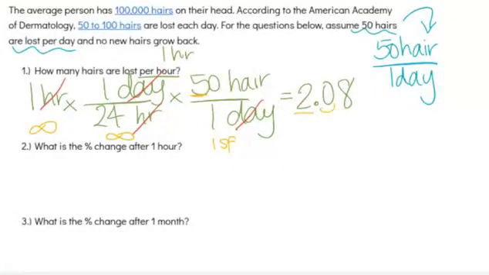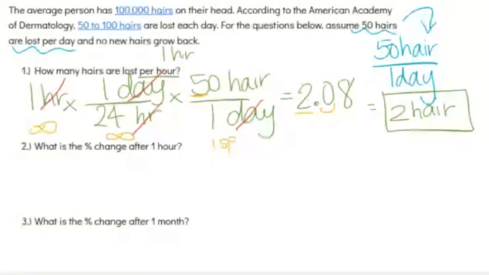We would see if we have to round up, which we do not. So my final answer, keeping 1 sig fig, would be 2. So for every hour, you lose 2 hairs on average. You could write 2 hairs per hour, or you could just leave it as 2 hairs.